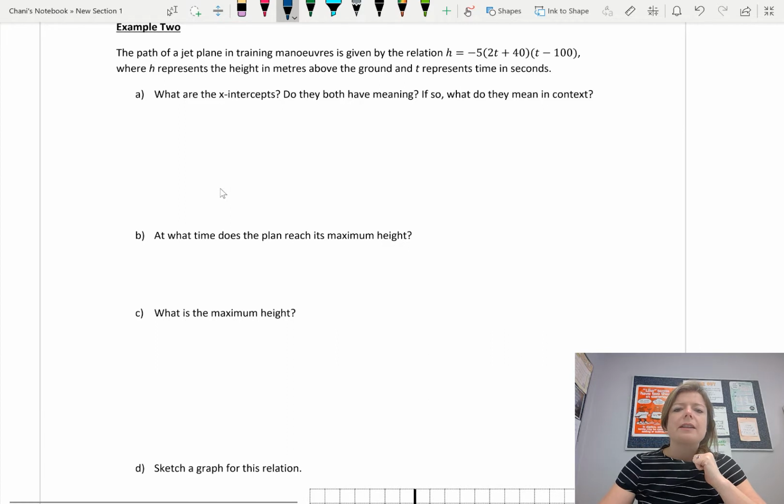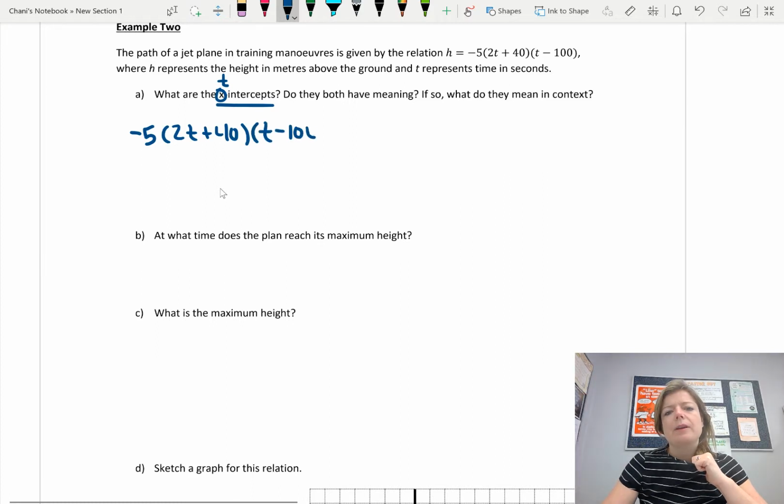So what are the x-intercepts, or it should really say t-intercepts, to be honest. Do they both have meaning? If so, what do they mean in context? So to find our t-intercepts, we take our equation and we set it equal to 0.